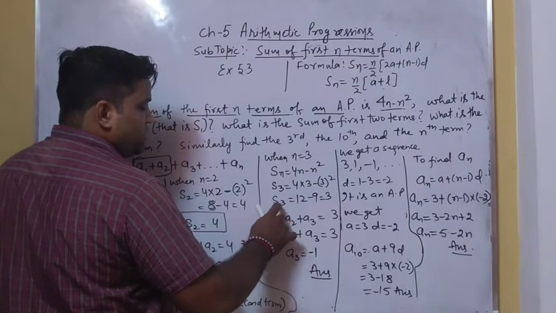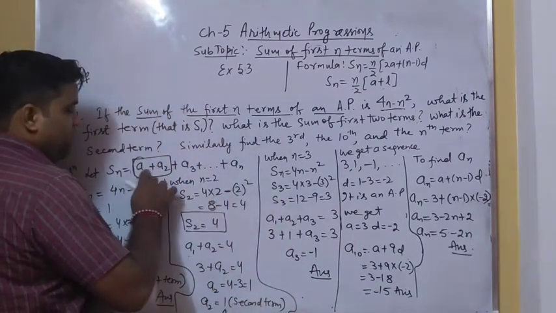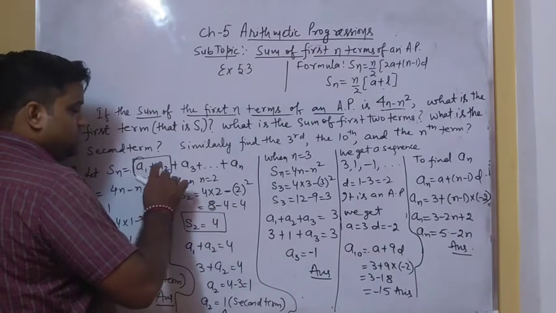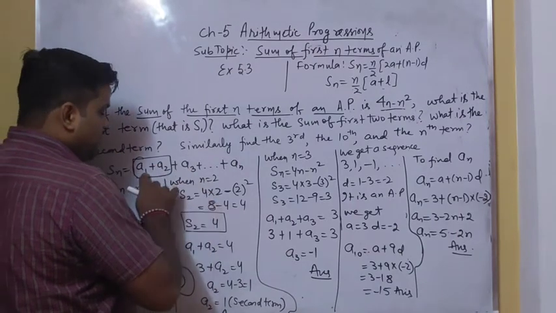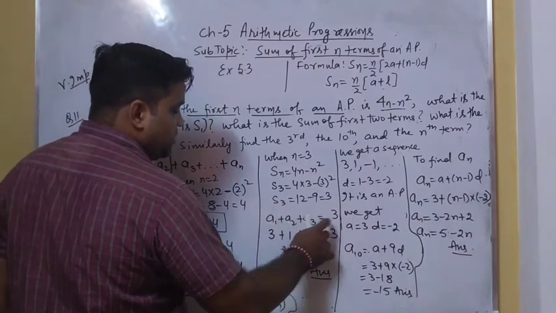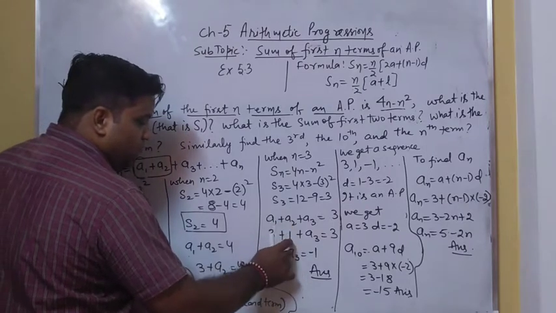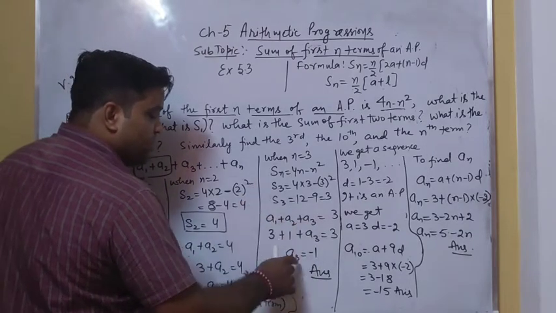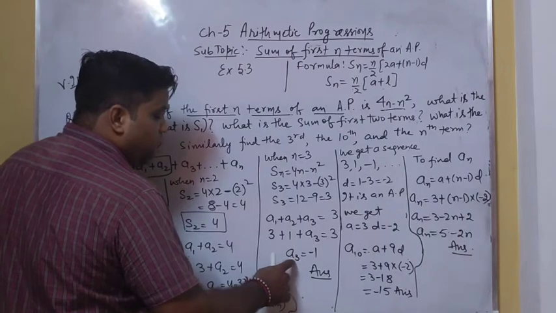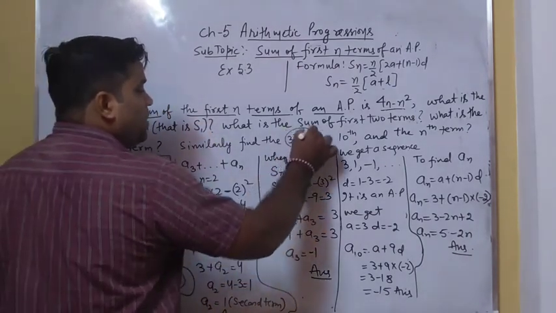We can write S3, the sum of first three terms, as A1 plus A2 plus A3 equal to 3. On putting the value of A1 equal to 3 and A2 equal to 1, which we have got, we get the value of the third term as minus 1, which is the required answer.